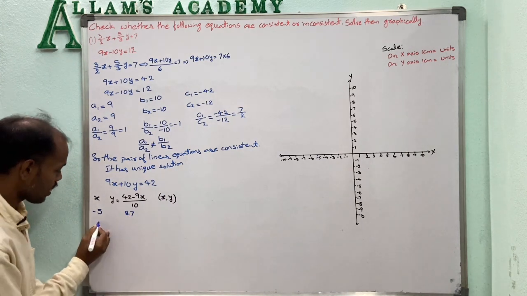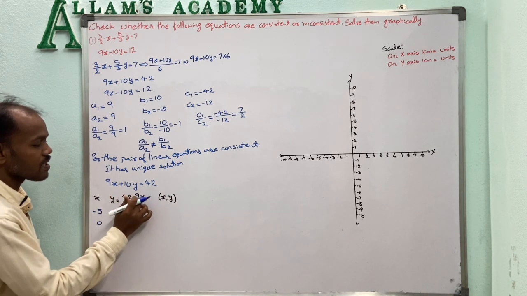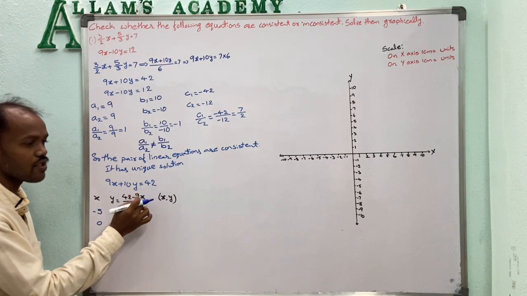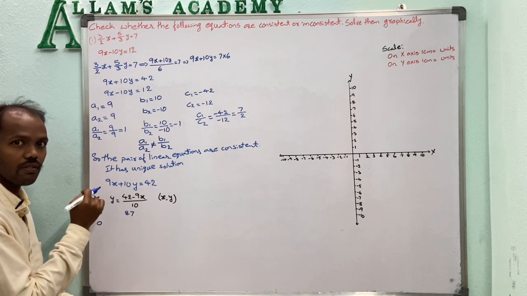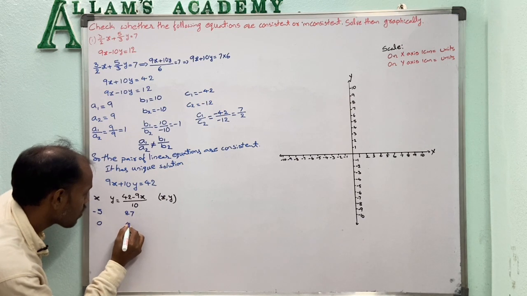Next, if we substitute 0, 42 minus 9 into 0, that is 0, 42 minus 0 equals 42, 42 by 10 equals 4.2.